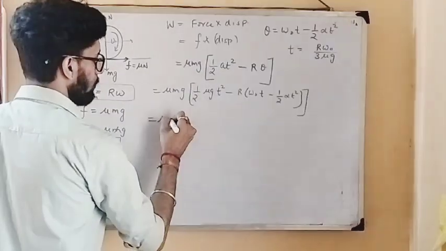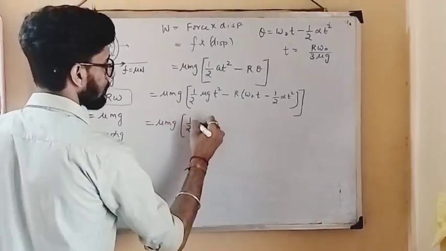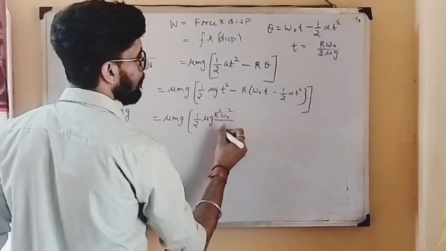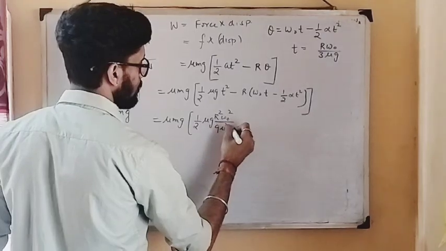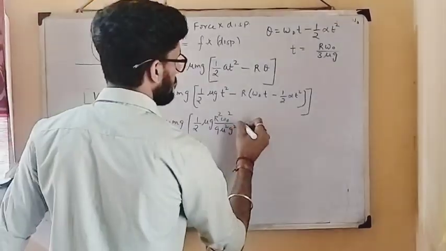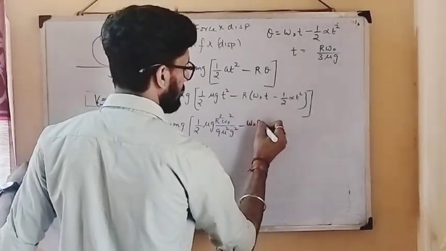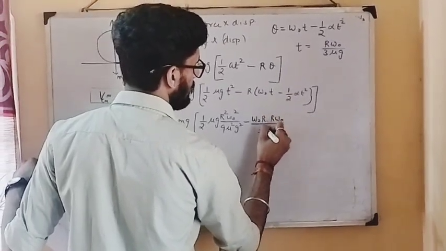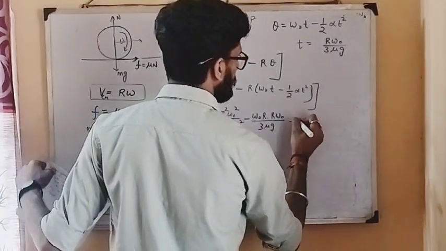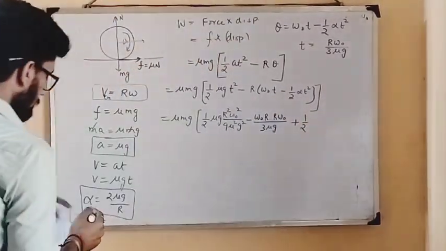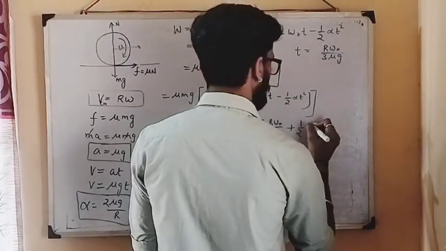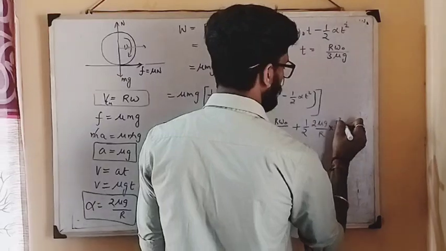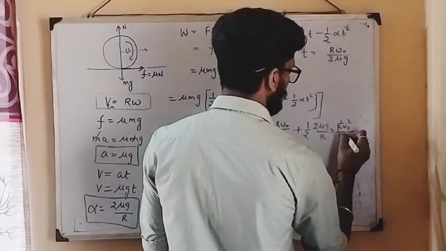That will be mu mg half mu g r square omega naught square upon 9 mu square g square minus omega naught r into r omega naught upon 3 mu g plus half. We have already calculated the alpha part. We'll put it over here, 2 mu g by r into t square. That will be r square omega naught square upon 9 mu g.